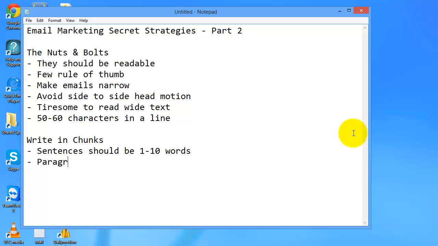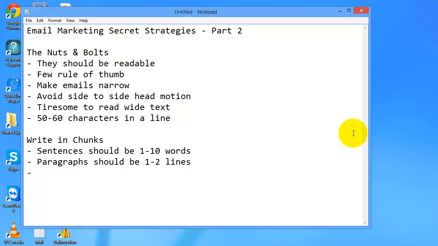Paragraphs should be 1 to 2 lines. I was saying that I'm struggling with spellings today. I don't know why. Anyhow, sentences should be 1 to 10 words long, and paragraphs should be 1 to 2 lines.